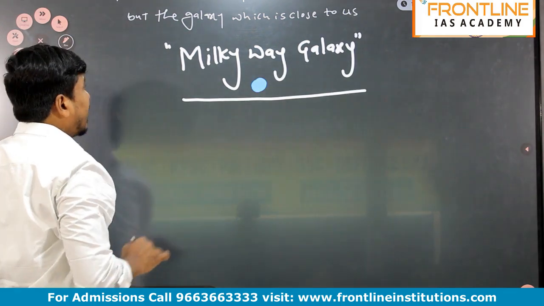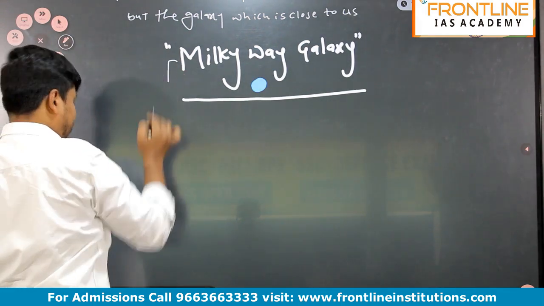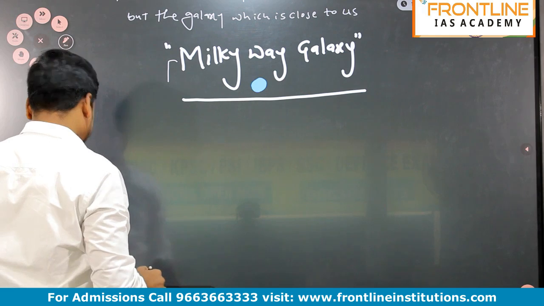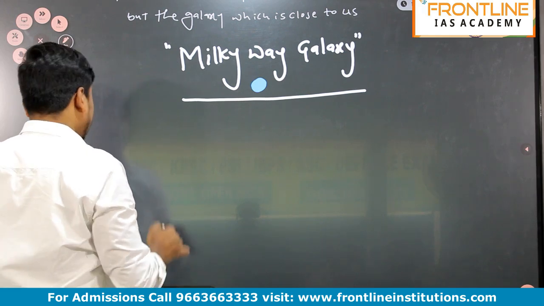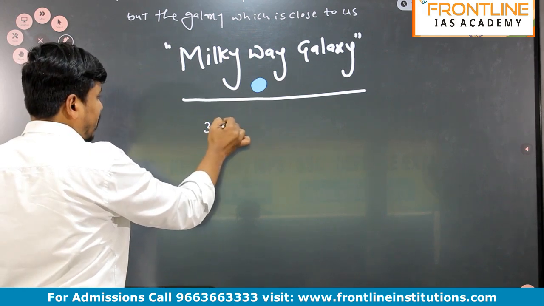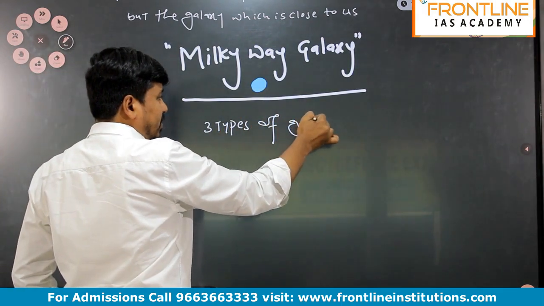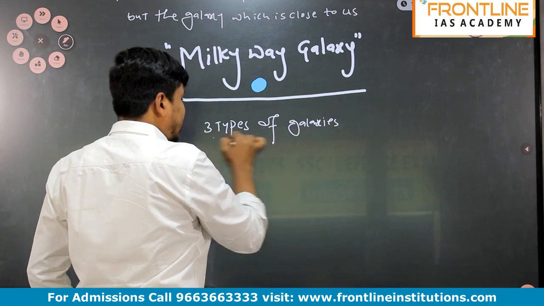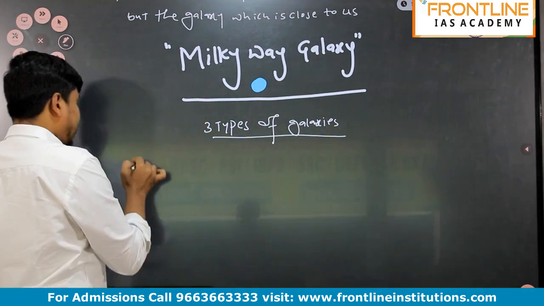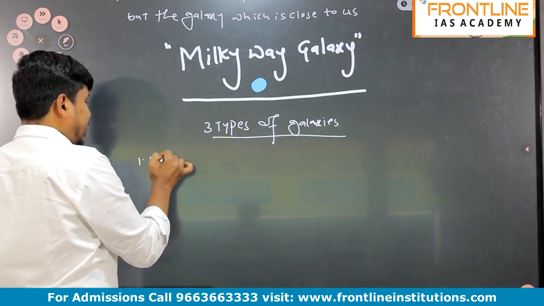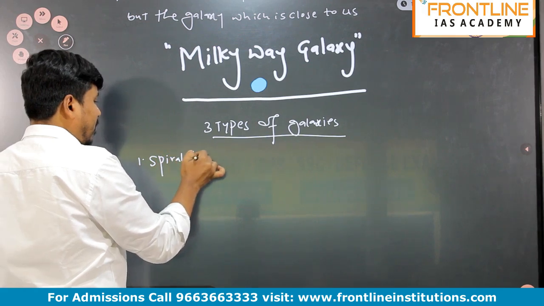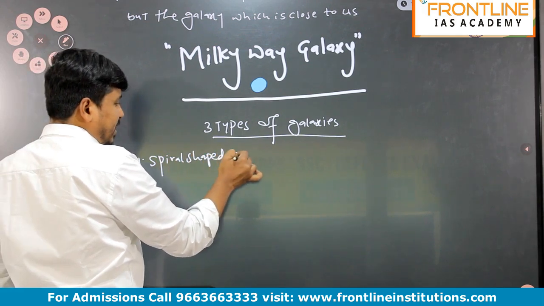Very important point. And there are three types of galaxies. Listen first. So there are three types of galaxies. The first one is spiral shaped galaxy.